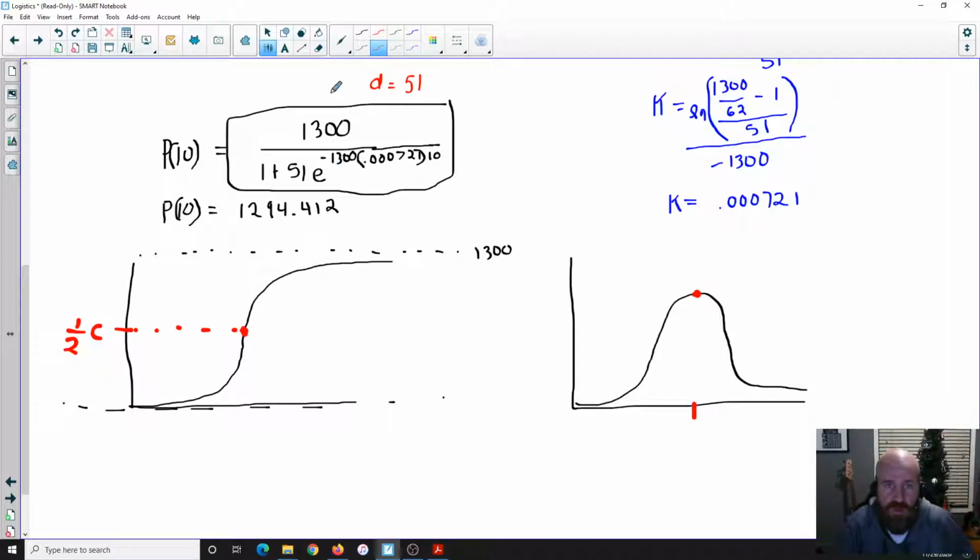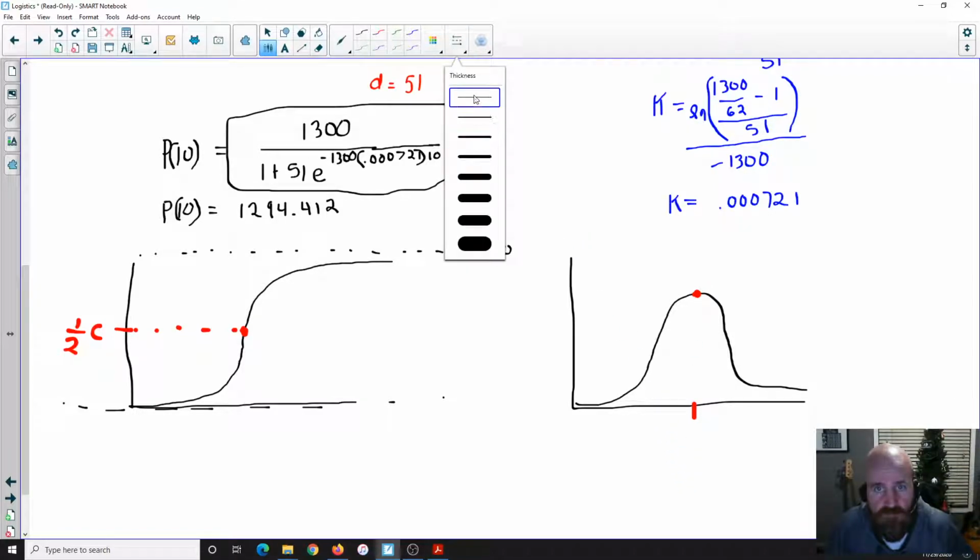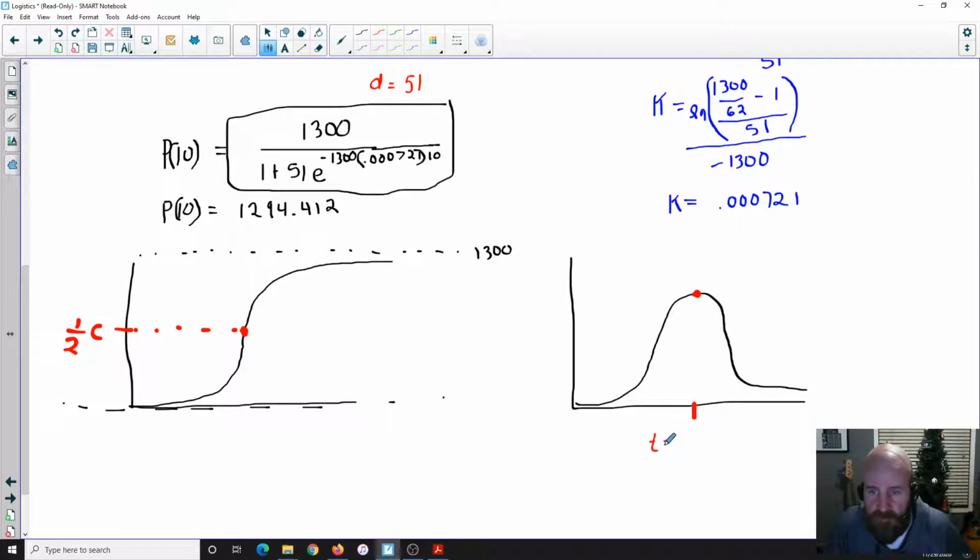So we would plug this into our calculator, use nDeriv to graph the derivative, and then we find the maximum value here, which in this case is x or t equals 4.193. So go ahead and do that. Pause the video, graph the derivative of this function, and make sure you get this as the maximum.